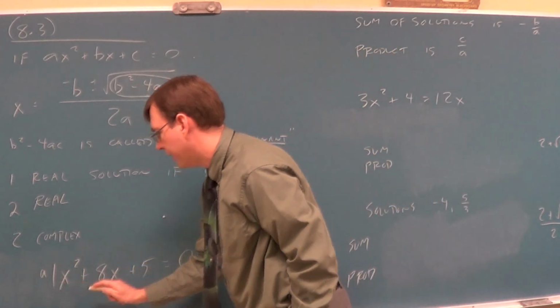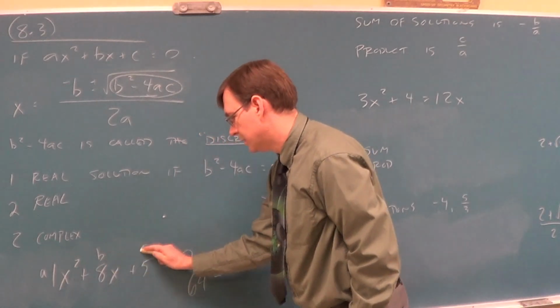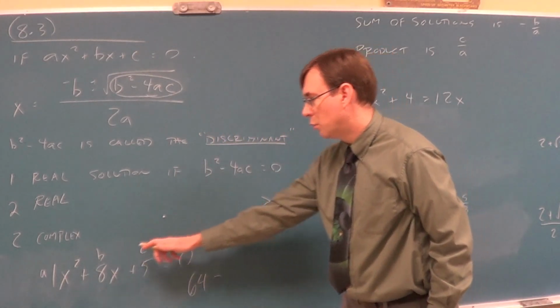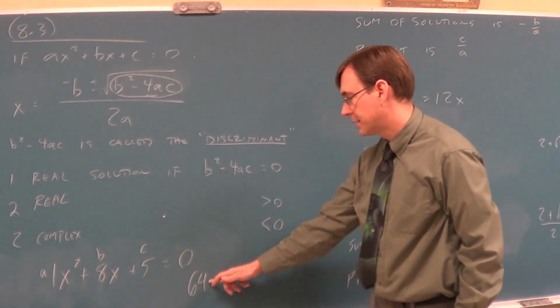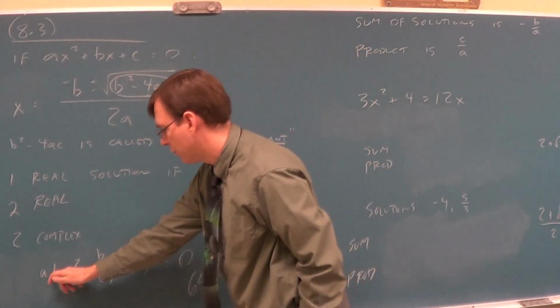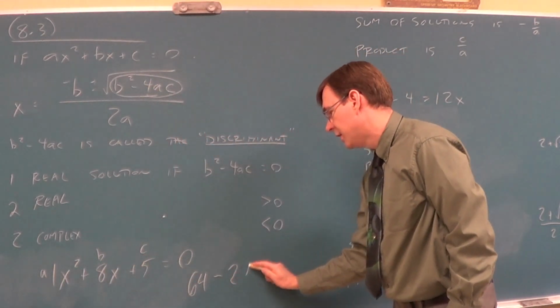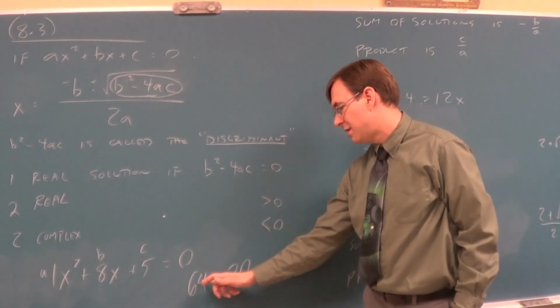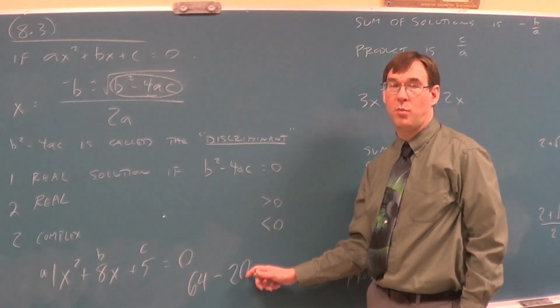So a is 1, b is 8, c is 5. So b squared is 64 minus 4 times a times c, 4 times 1 times 5 is 20. 64 minus 20 is going to be a positive number.